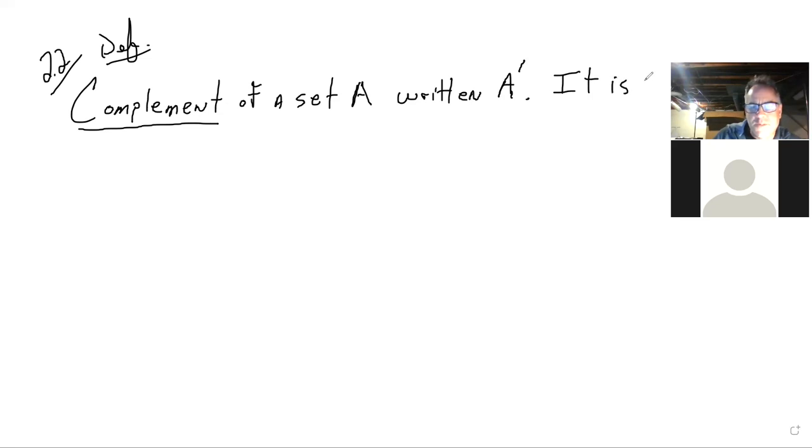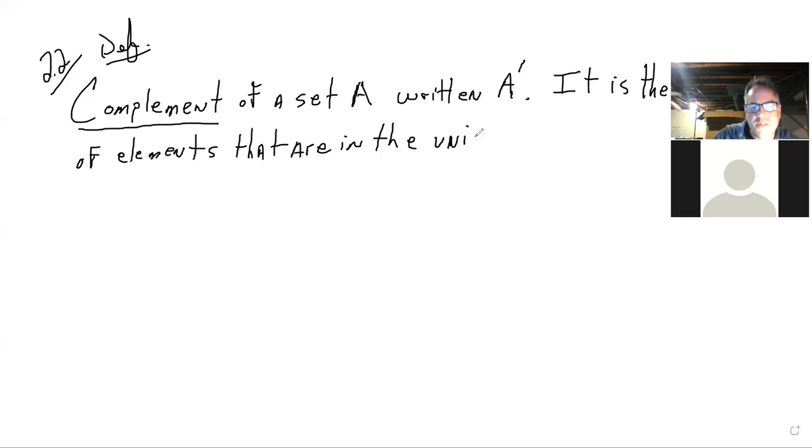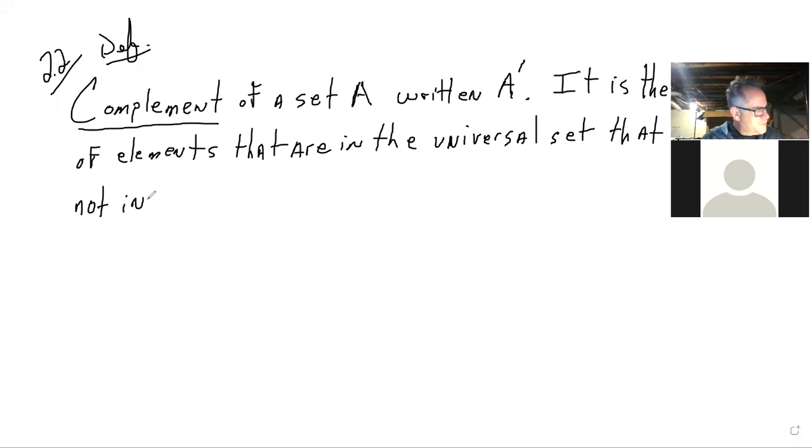It is the set of elements, and this is the new set we need to establish, universal set, that are not in A. So again, as I said, everything except what is in A, or everything that is not in A, however you want to phrase that.